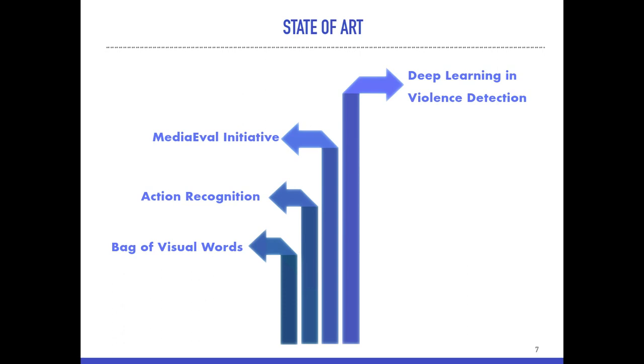From 2011 to 2015, the MediaEval benchmark initiative hosted a violent scenes detection task competition. And most of the major improvements in the violent scenes detection field have come from these competitions.